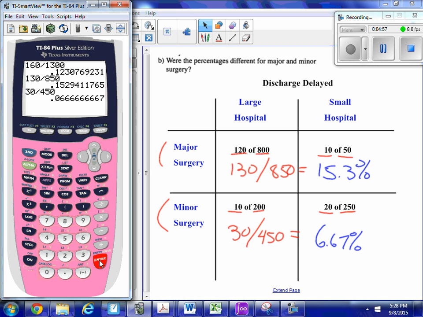Now that makes sense, doesn't it? I mean, you would think a major surgery would be likely to have more complications than a minor surgery. So just intuitively, this is beginning to make sense, and I hope you see how I use the data in the table.